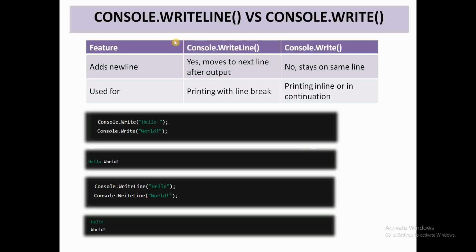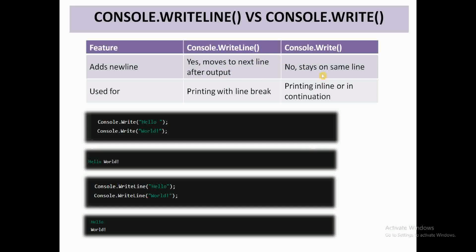Next we have the Console.WriteLine method versus the Console.Write method. The main difference is that Console.WriteLine moves the next string value to the next line, and the Write method displays all data in a single line, not on the next line. Console.WriteLine moves to the next line after output, and Console.Write stays on the same line.